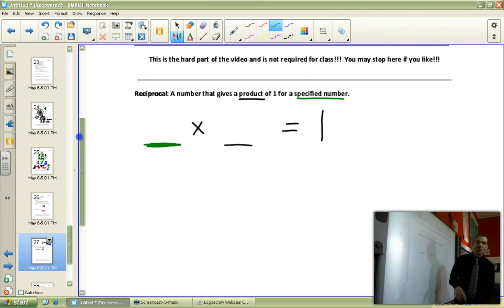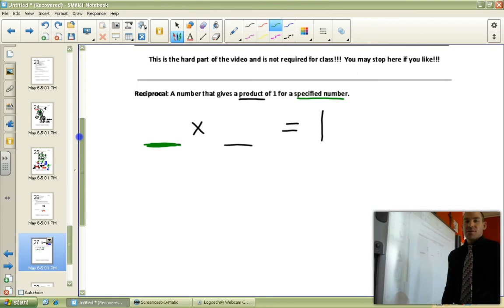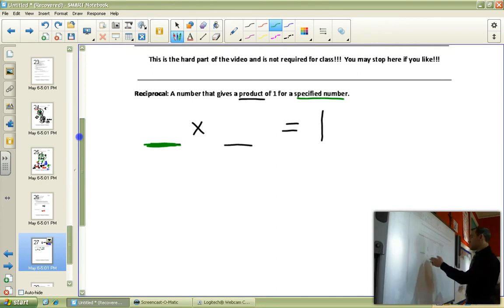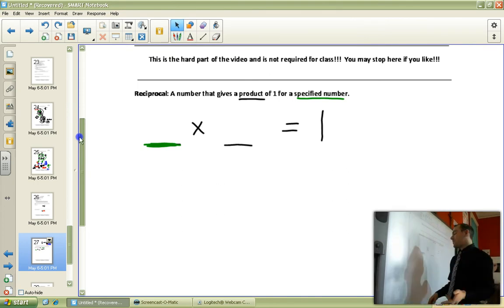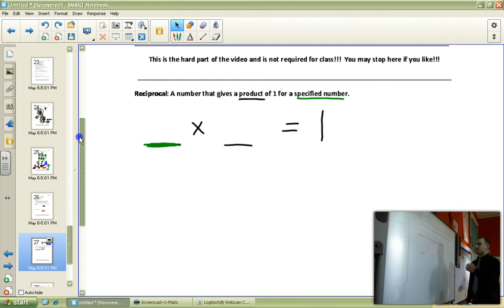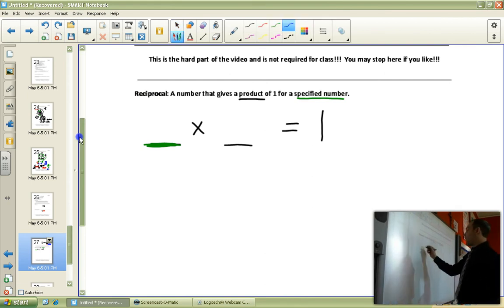If they want a reciprocal for 58, you need to find the reciprocal of 58, which is whatever number you can put here that will, when multiplied with 58, give you 1. Okay, so a real good example for that, we're going to use the number 4. I want you to figure out what number times 4 equals 1.